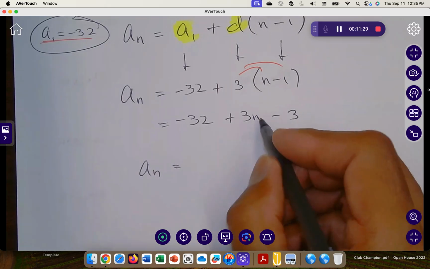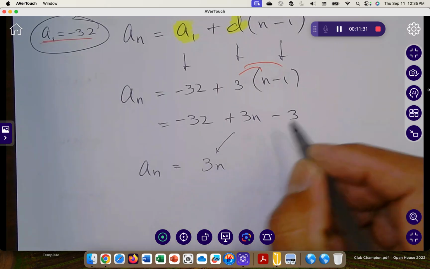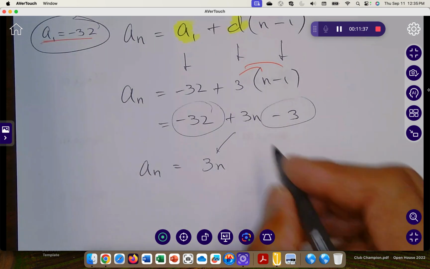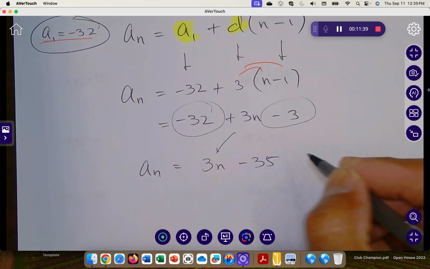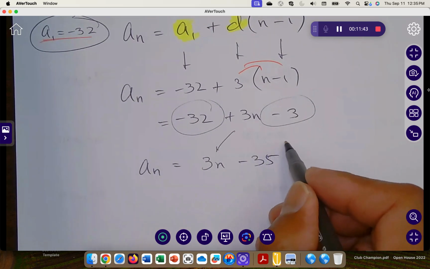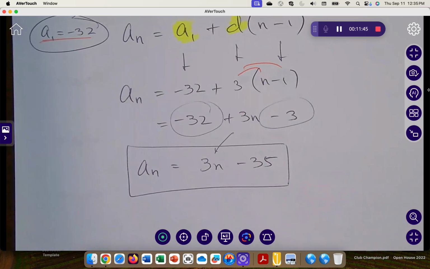Okay, let's write 3n. And then what do you get when you add that? Negative 35. Yeah, some of you were not adding it correctly yesterday. Okay, that is correct. All right, careful with your work. There it is.